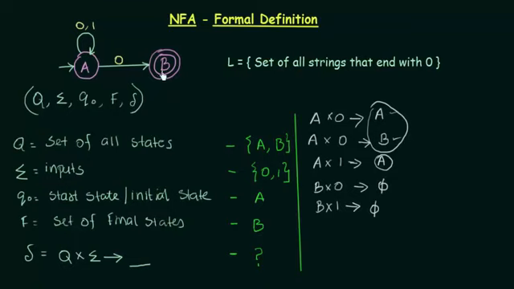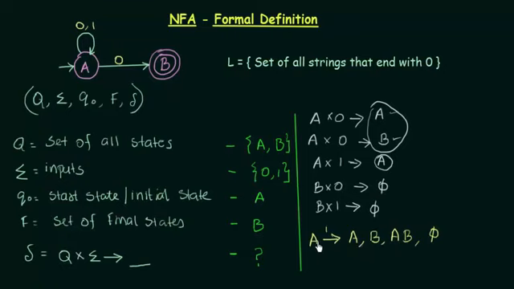Suppose for this example, A and B are there, and let's see what are the possibilities that we can get. Let's talk for one state A. A on getting a certain input, let's say 0 or 1, whatever it may be, it can either go to A, or it can go to B, or it can go to both A and B, like here it went to both A and B. Or it can go nowhere, just like we saw that B was going nowhere.